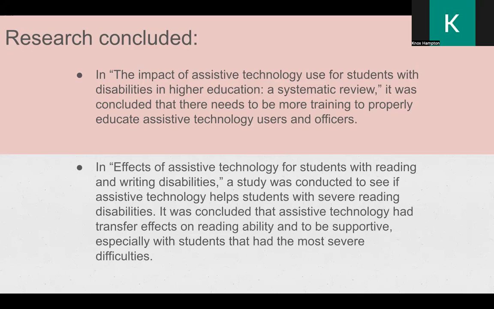And for the final article here, a study was conducted to see if assistive technology helps students with severe reading disabilities, and it was concluded that assistive technology had transfer effects on reading ability and to be supportive, especially with students that had the most severe difficulties.